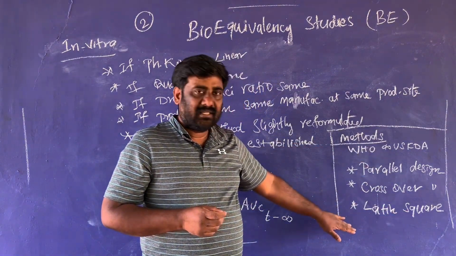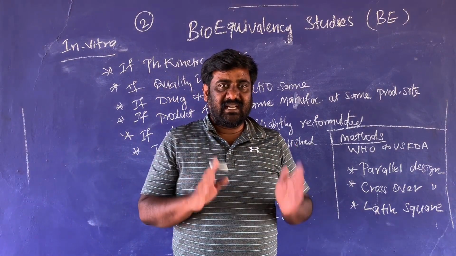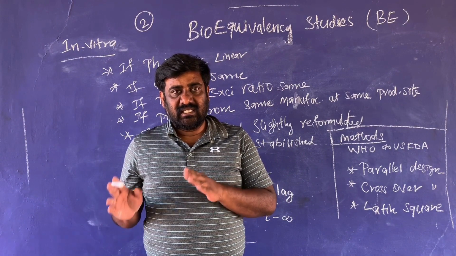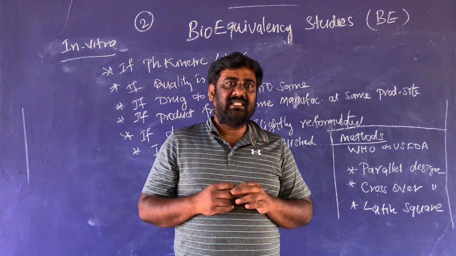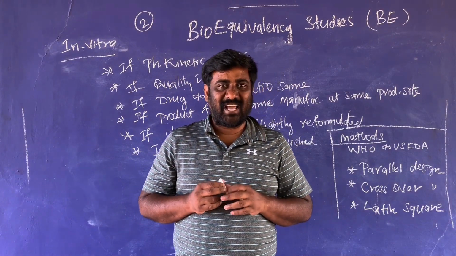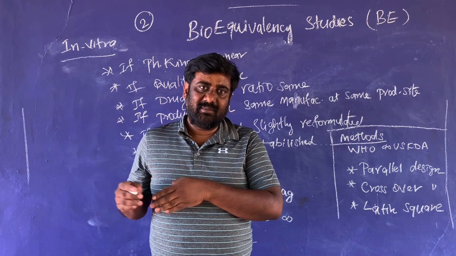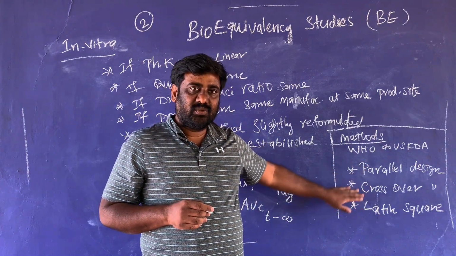These three methods are basically the same. In everything, the drug is administered to the volunteers or animals, and the amount of drug present in the blood, in terms of plasma concentration, is determined. So this setup is the same, but only the study design will change slightly from one to another.